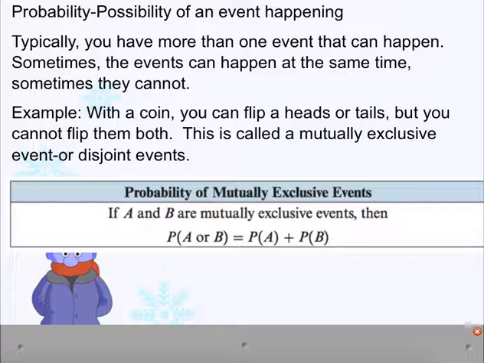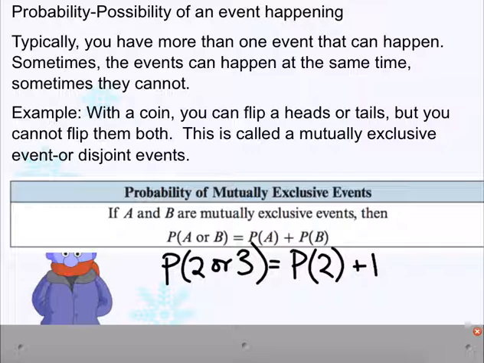So with my example, if I want the probability of getting a 2 or getting a 3, I would say, what's the probability of getting a 2 plus the probability of getting a 3? Well, that's 1/6 plus 1/6, and so that's 2/6 or 1/3.